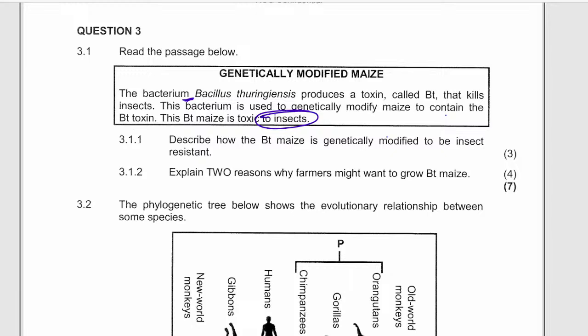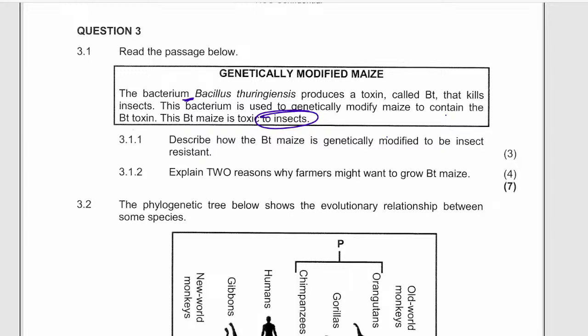So the gene of Bacillus which produces the toxin is inserted into maize using genetic engineering. So removing the gene which causes toxin from the bacteria and inserting it in the maize.